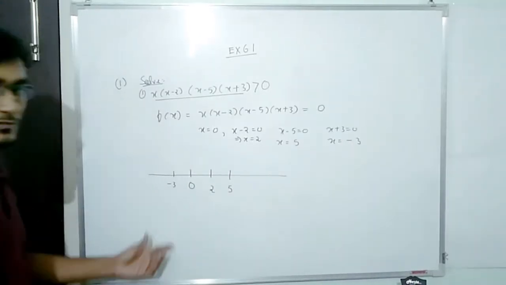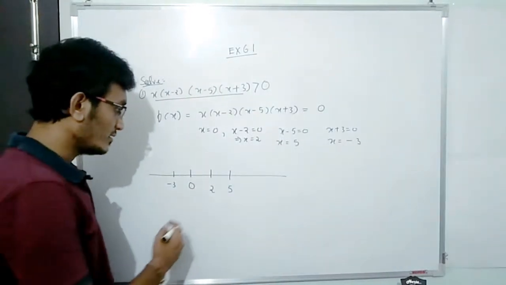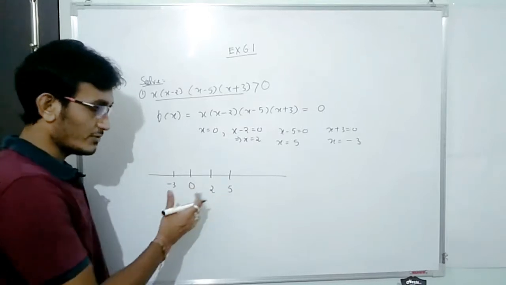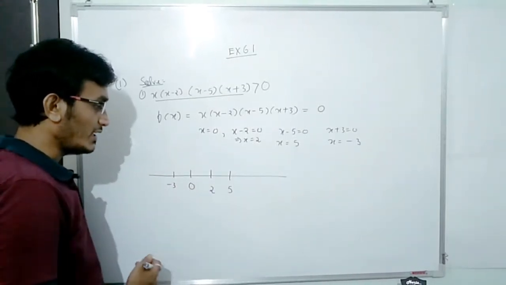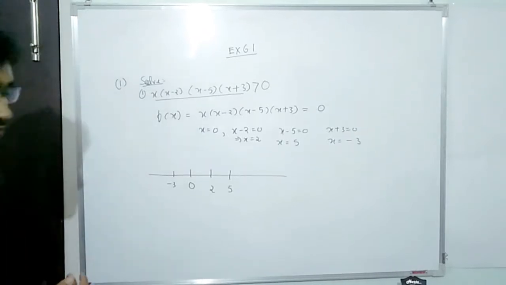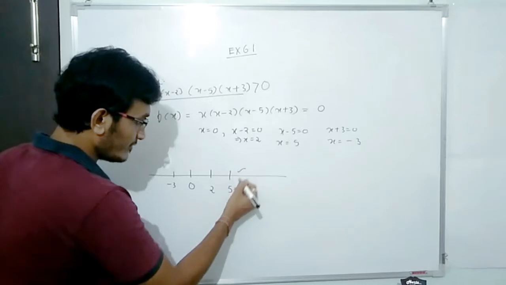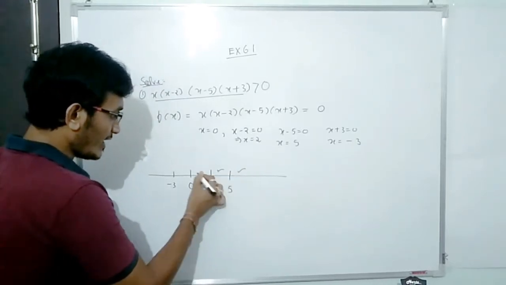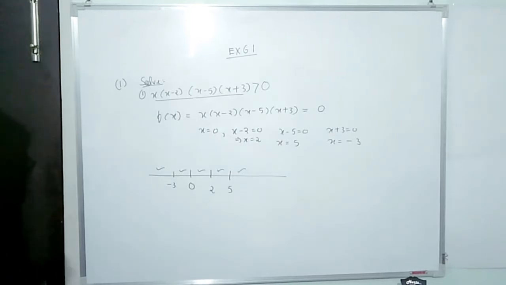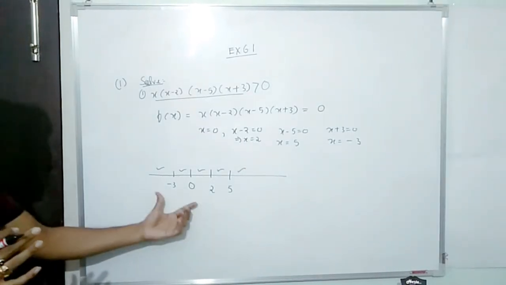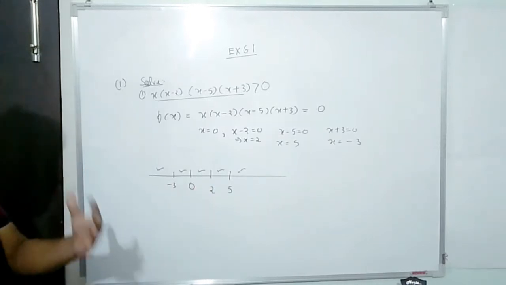After marking the points on the number line, we can see that these 4 numbers divide the number line into how many disjoint intervals? This is the first interval, this is the second, this is the third, this is the fourth, and this is the fifth. That means we will get 5 disjoint intervals.